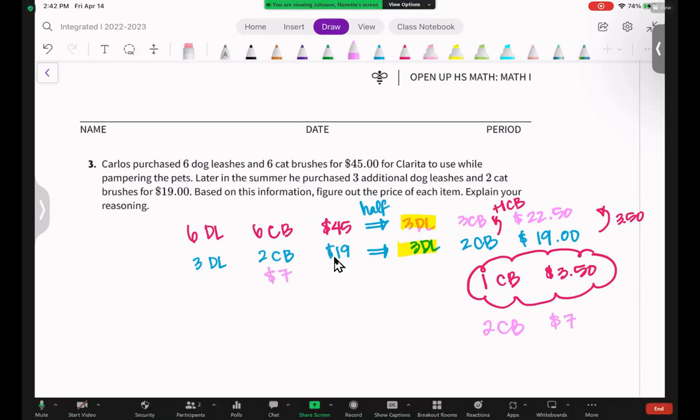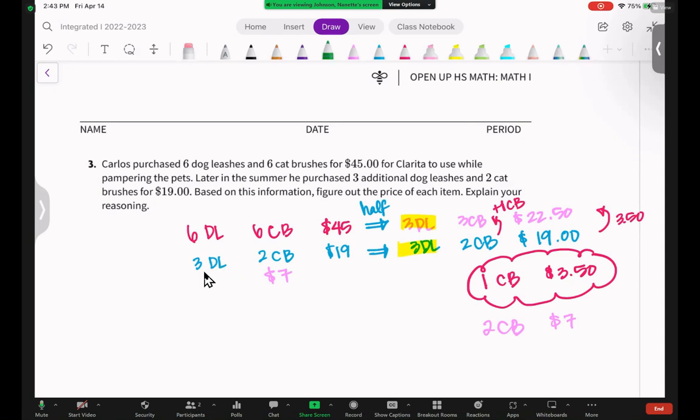So of the $19 I'm spending, I know $7 is for cat brushes. How much left am I using to pay for dog leashes? I'll say that again. If I know that 2 cat brushes cost $7, of the 19, how much is left that they spent for dog leashes?